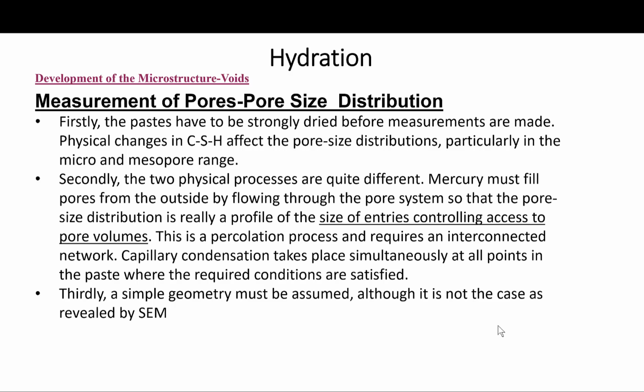The capillary condensation takes place simultaneously at all points in the paste where the required conditions are satisfied. So these are the differences. Third, a simple geometry must be assumed, although it is not the case as revealed by SEM. So you have to be aware of these limitations when reporting measurements or comparing measurements, okay?